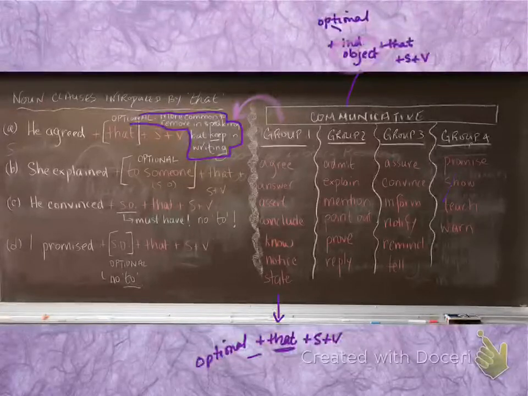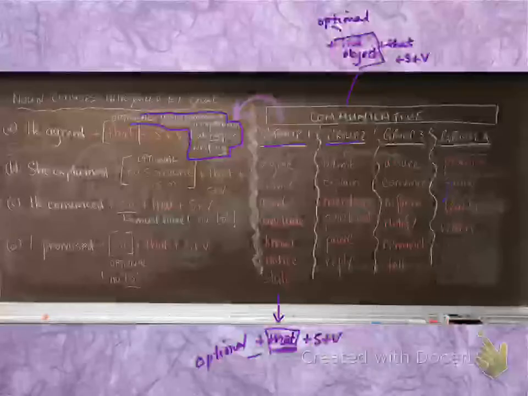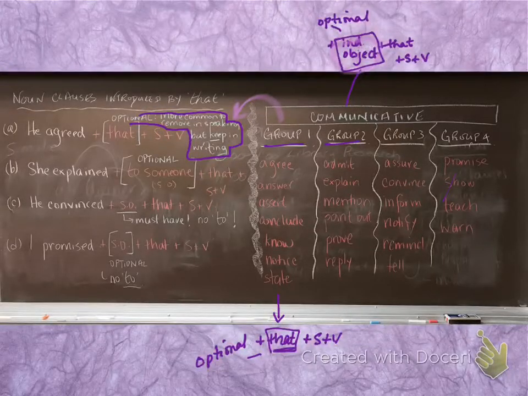So in group 1, the word that is optional, and in group 2, the indirect object is optional. Okay? So we can say, she explained that she was late for class. Or we can say, she explained to the teacher that she was late for class. All right, let's keep going.